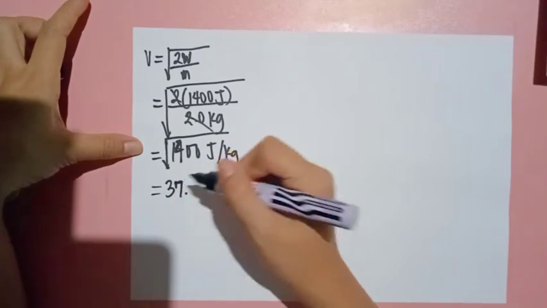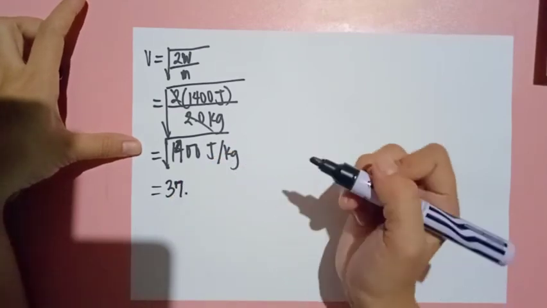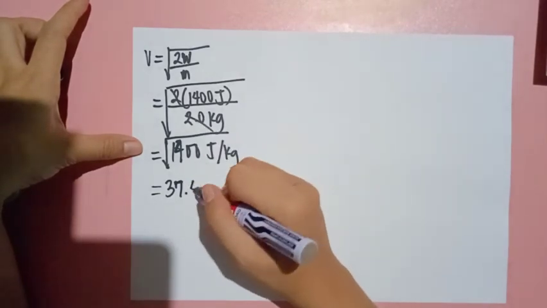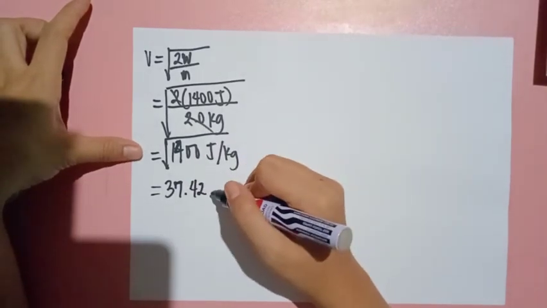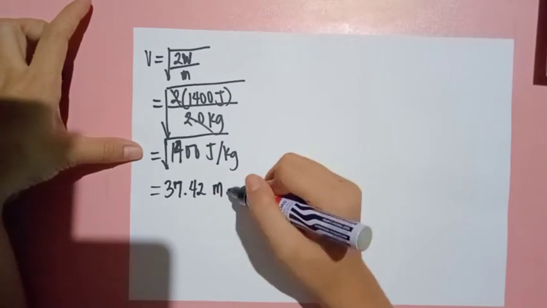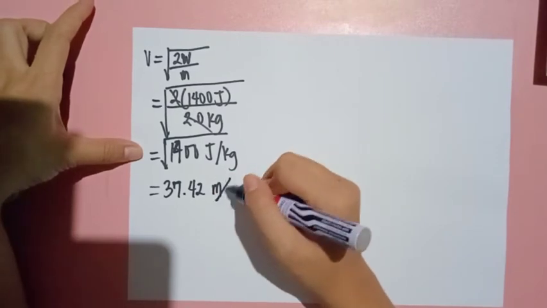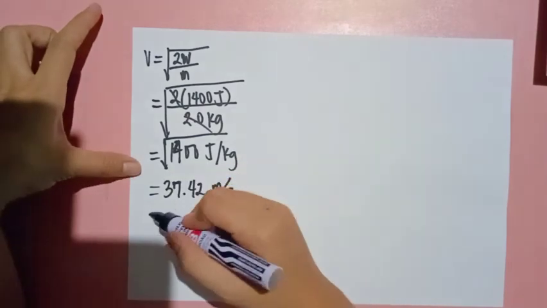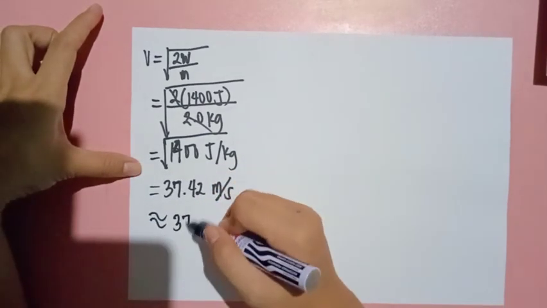Square root of 1,400 is 37.42 meters per second, or approximately 37.